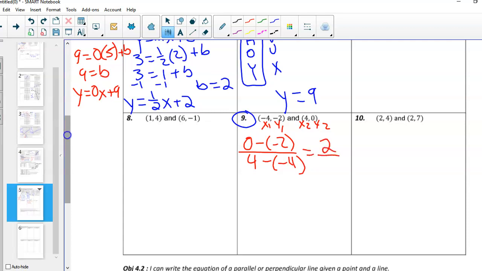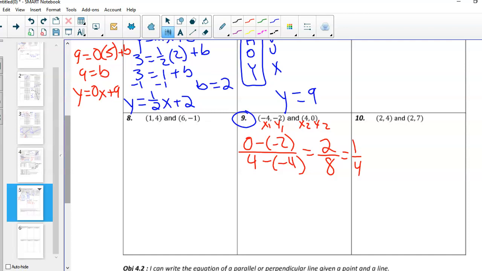So we have positive 2 in our numerator and 8 in our denominator, which simplifies to 1/4.